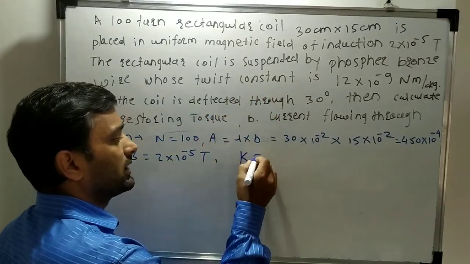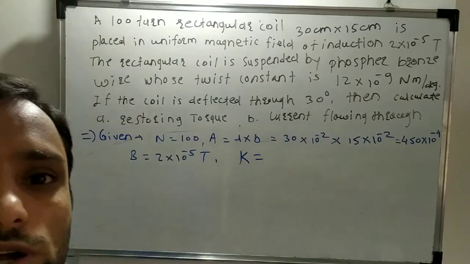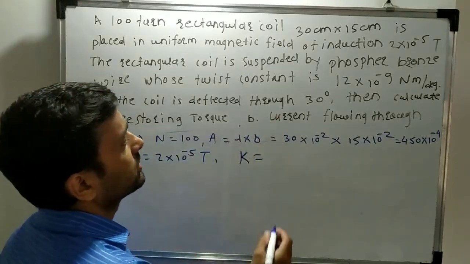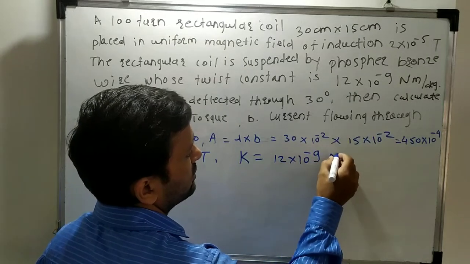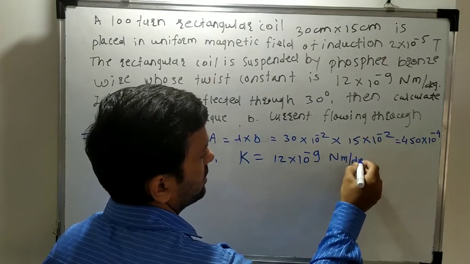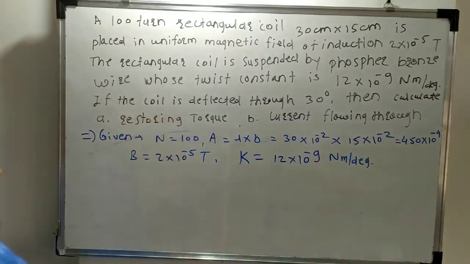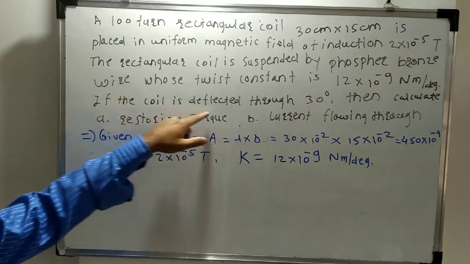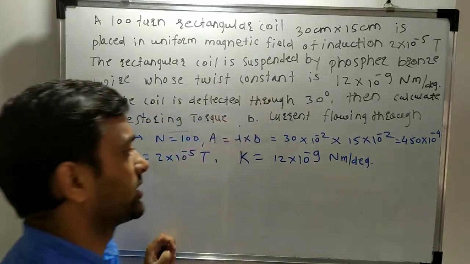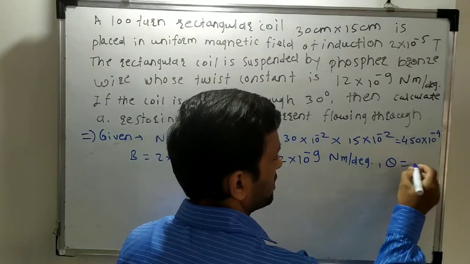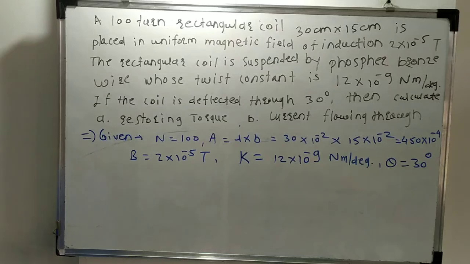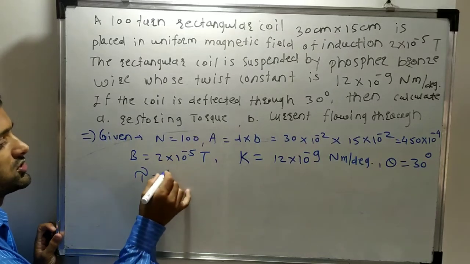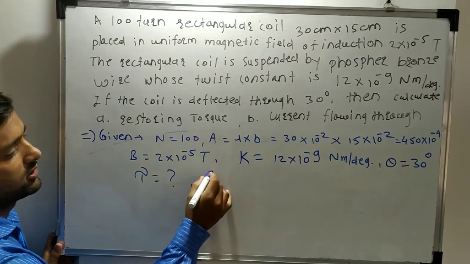It is denoted by K or it is denoted by C. K is given as 12 into 10 raised to minus 9 Newton meter per degree. So the torsional constant is given. If it is deflected through the angle of 30 degrees, so the theta is given, 30 degree.